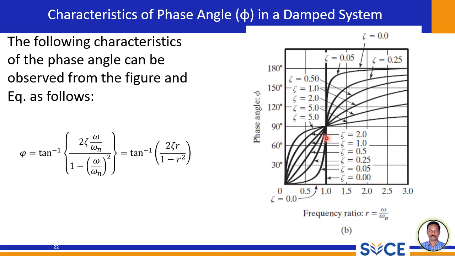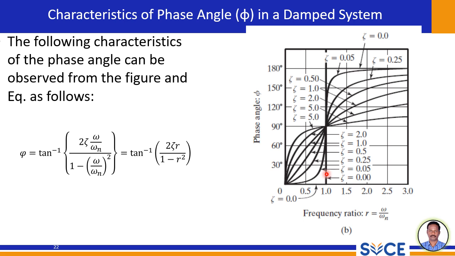At very high frequency ratios, the phase angle approaches 180 degree for all damping ratios. This means the response is nearly out of phase. At resonance, R equal to 1, the phase angle is 90 degree for all damping ratios.